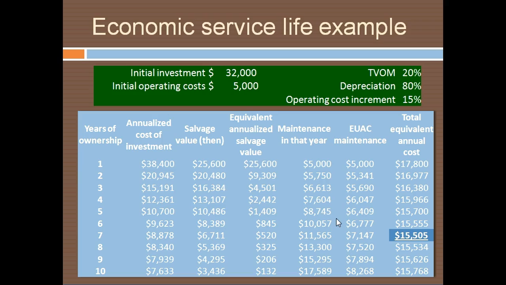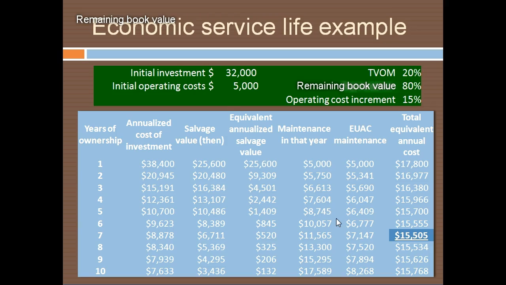Here we have an example in which the initial investment is $32,000, and that is done once. The initial operating cost is $5,000. The time value of money is 20%. The remaining value at every year is 80%. And the operating cost increment is 15% per year.